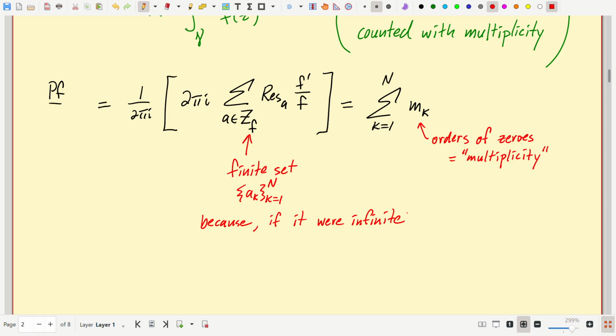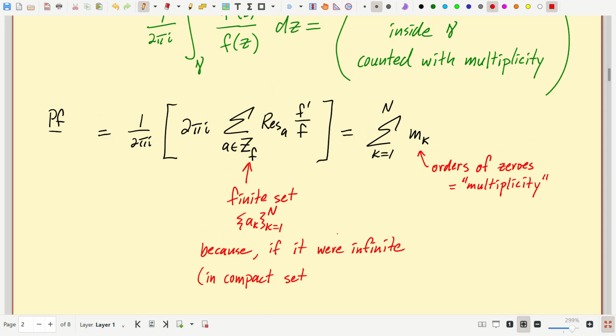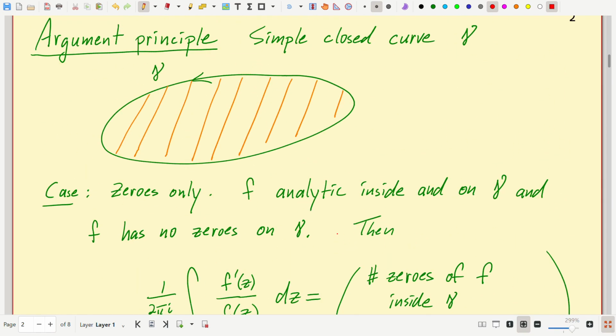If it's infinite, and in the compact set, I should have called this domain up here, why don't I call this orange thing omega, the inside.